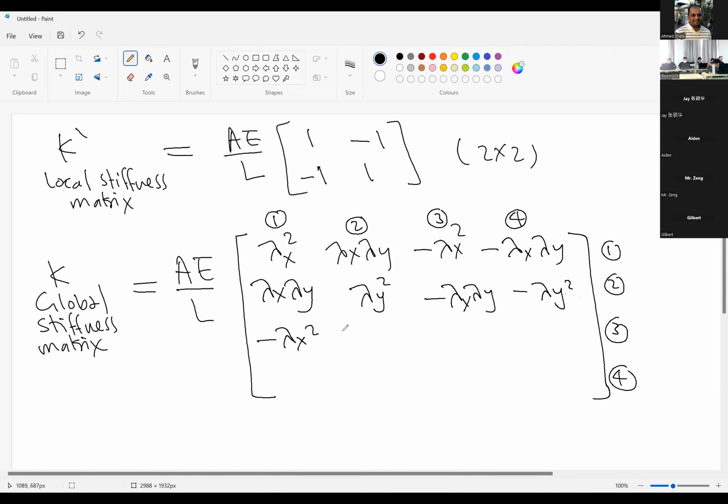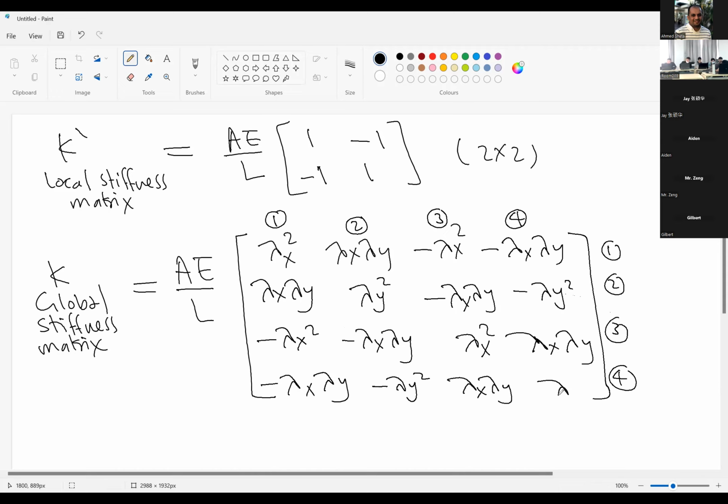Then negative lambda x squared, negative lambda x lambda y, lambda x squared, lambda x lambda y, and negative lambda x lambda y, negative lambda y squared, lambda x lambda y, lambda y squared. Where, don't forget that lambda x is cosine theta x, lambda y is cosine theta y.